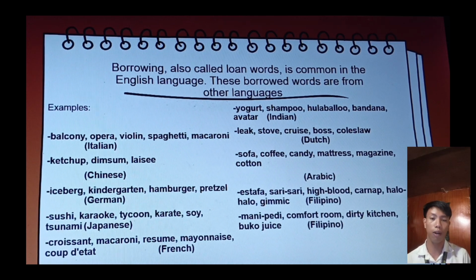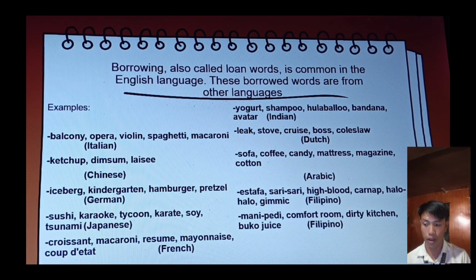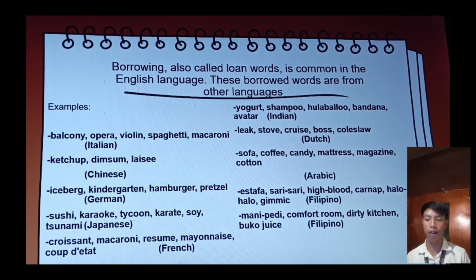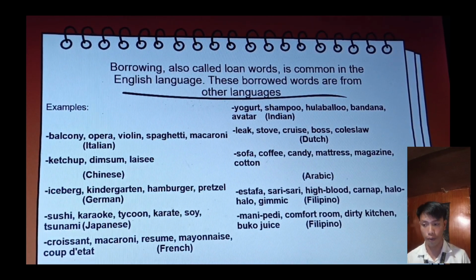So these words came from the Italian. And a second example of borrowing was ketchup, dim sum, and lychee from the Chinese language, and yogurt, shampoo, hula balo, bandana, and avatar from the language of India.